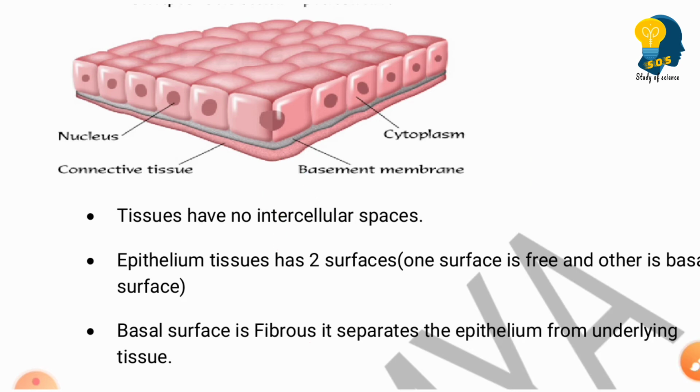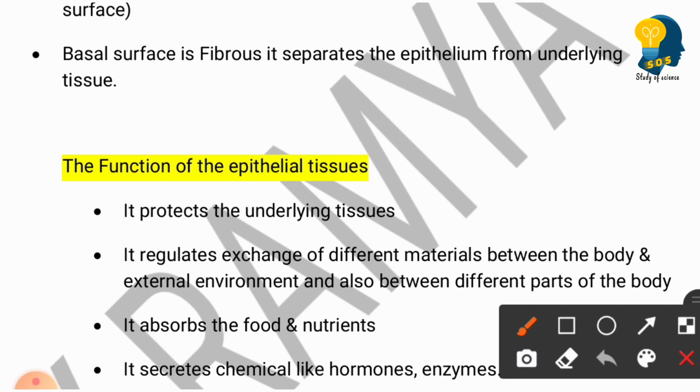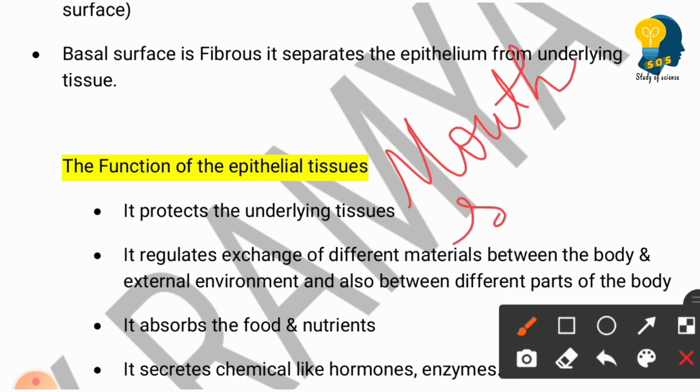Clear? Now let us understand where these epithelium tissues are found in the human body. We can find epithelium tissues in many places. For example, it is found in the lining of the mouth, in the skin, and in the lungs.